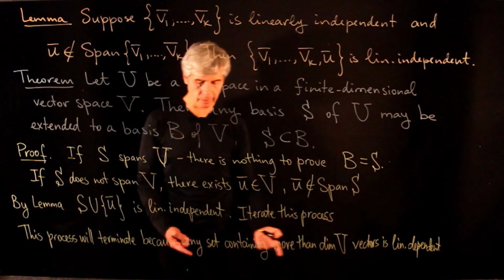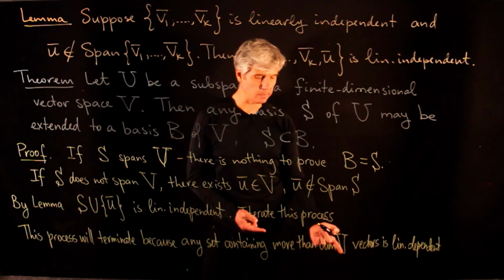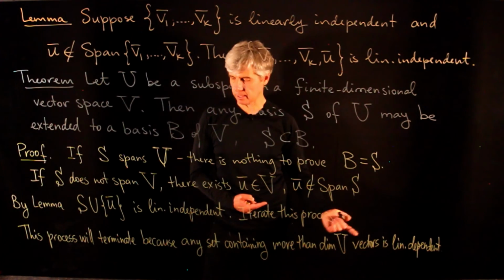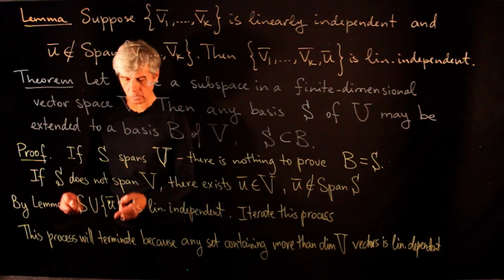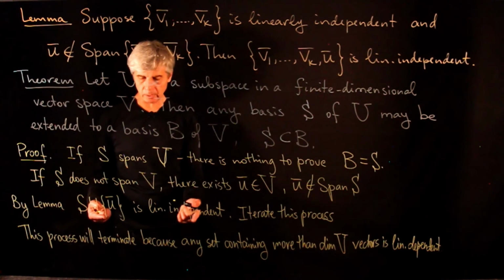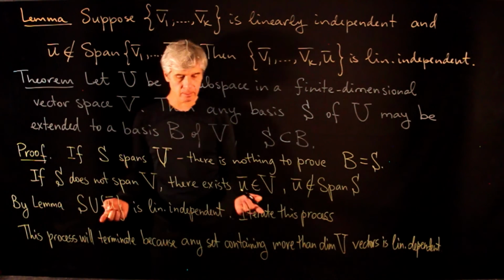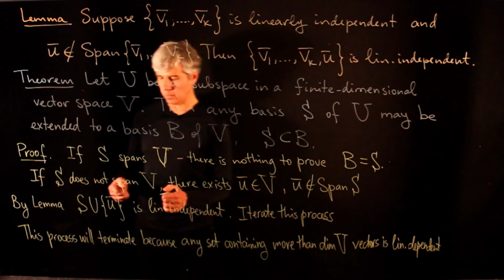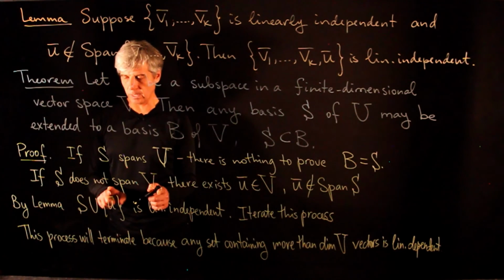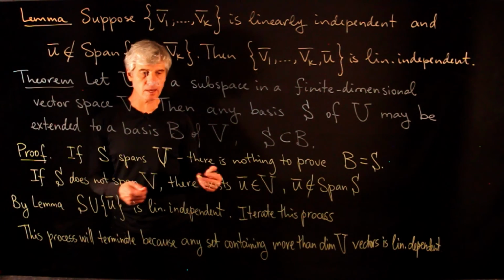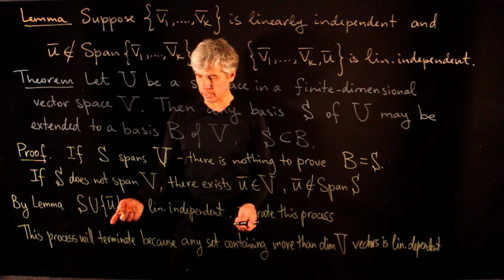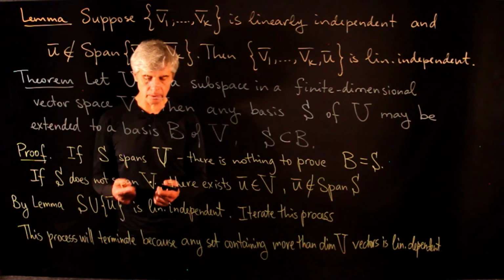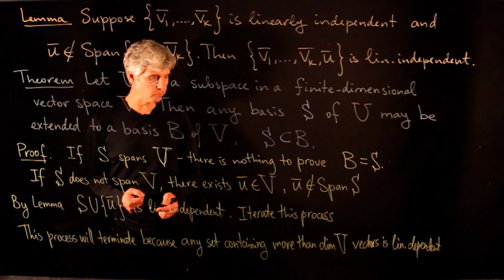So we know that once we exceed the dimension of our vector space, the set of vectors will be linearly dependent. And so this means that this process will terminate, and the way it can terminate is only when we reach the span of V, right? So one of these larger sets will be linearly independent and its span will be equal to V.